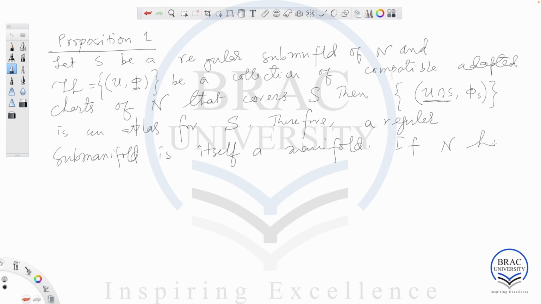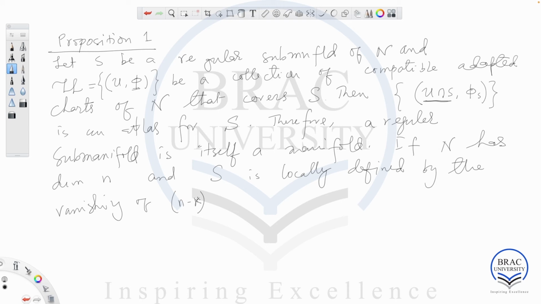If N has dimension small n, and S is locally defined by the vanishing of n minus k coordinate functions, then the dimension of S is equal to k. Okay, so let us prove it.